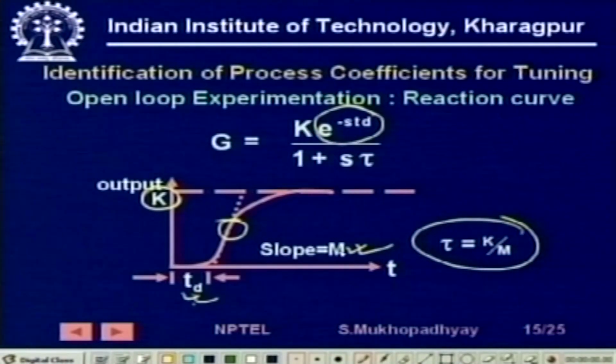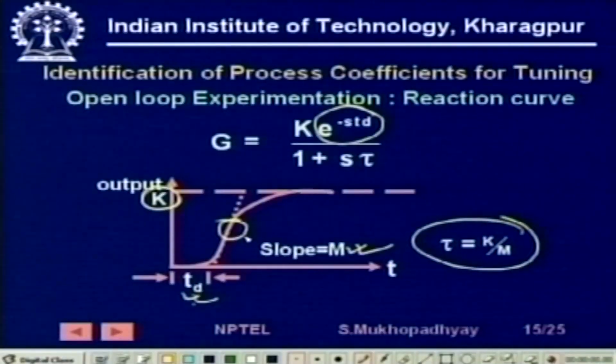Based on this, people have various kinds of empirical rules. Empirical rules means process control experts have arrived at them through experience, by many simulations and actual experiments, and have given some thumb rules: if you find that k, m and Td have such values, then if you are using a P controller, use this value of gain; if you are using a PI controller, use this value of k and this value of Ti.